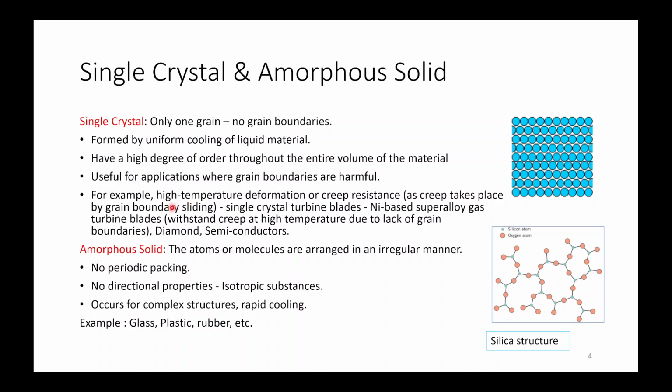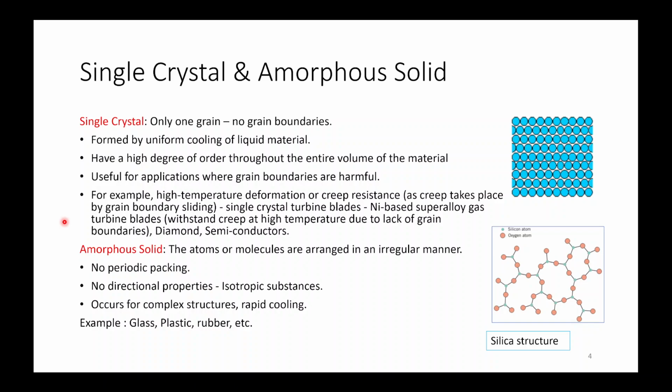For example, in high temperature deformation or creep resistance, as creep takes place by grain boundary sliding. Single crystal gas turbine blades which use nickel based superalloy withstand creep at very high temperatures due to lack of grain boundaries. Diamonds and semiconductors are also single crystals.